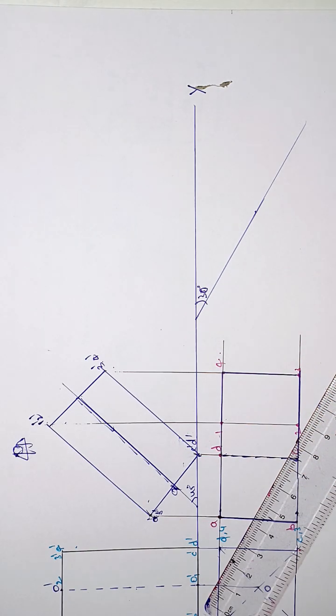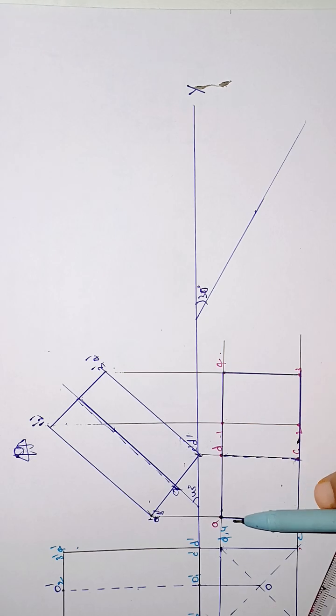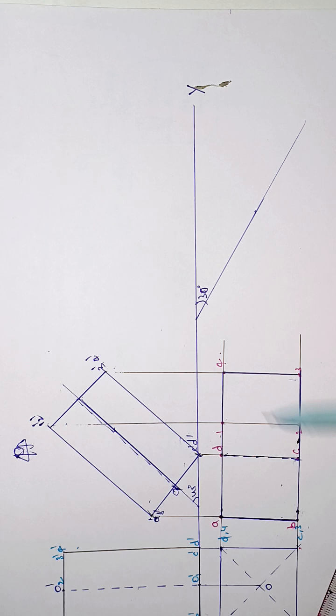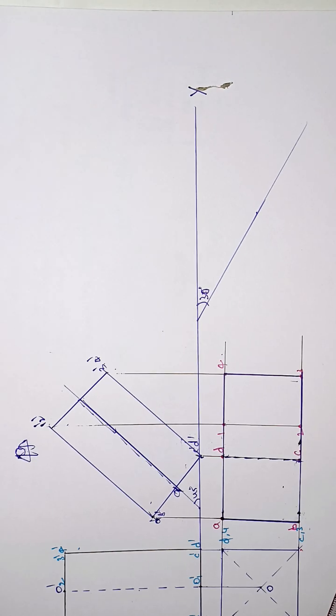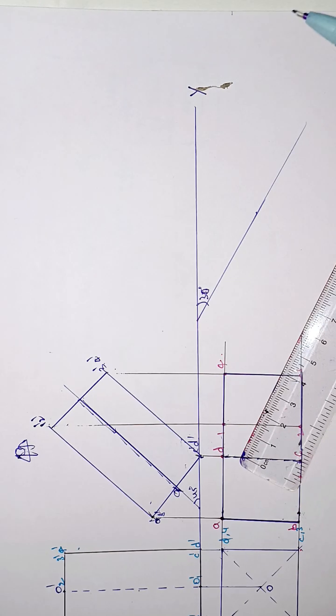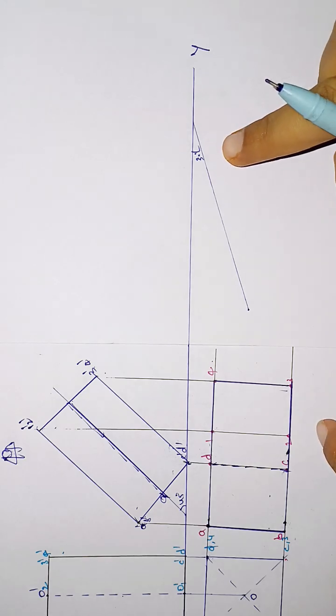So we have to draw the base. This one is a dark line and this one is a dark line, and AD also dark, D1 also dark. Only C and D are the hidden points, so hidden points mean dotted lines. So only dotted lines we have to draw here. So you have to draw a 30 degrees angle.